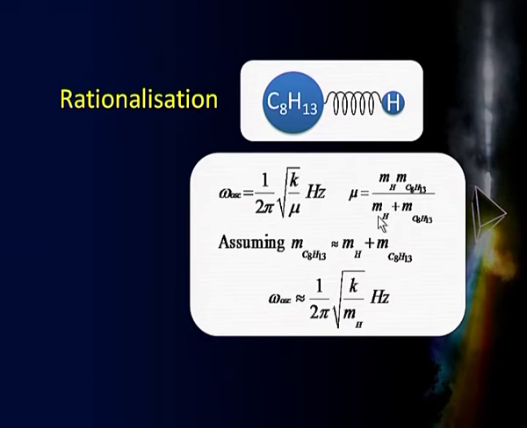In this molecule, the reduced mass will be given by mu equals mH times m C8H13 divided by mH plus m C8H13. So this is the bulk of the molecule, this is my hydrogen atom there. Now for such a system, we can make an assumption: that the mass of C8H13 is approximately equal to mH plus m C8H13.